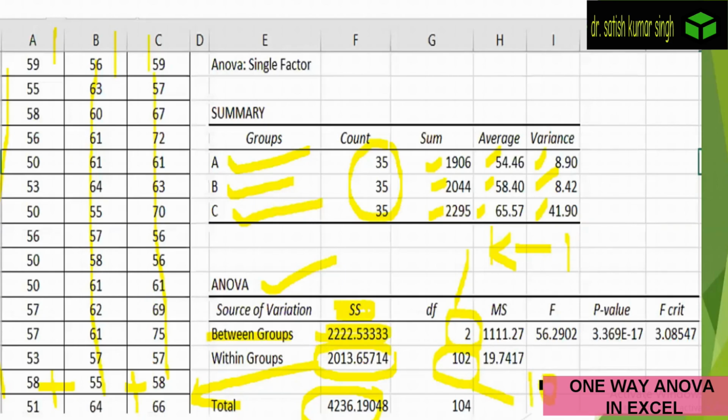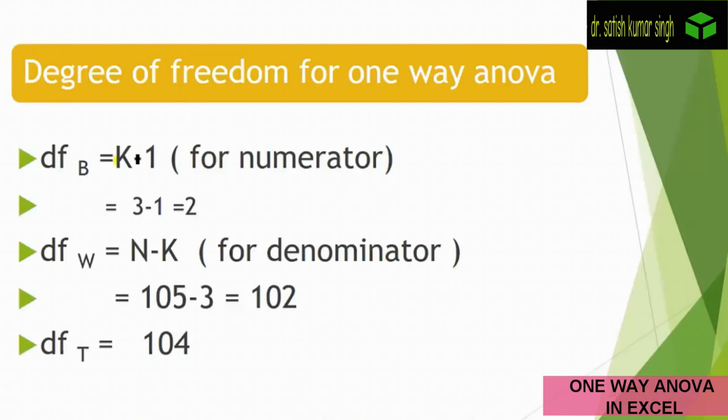So that is 105 minus, we have three groups, that is 3. So if we subtract, here is how we can calculate the degree of freedom between, within, and the total degree of freedom, that is the summation of this and this. If we add them, it is total 104.